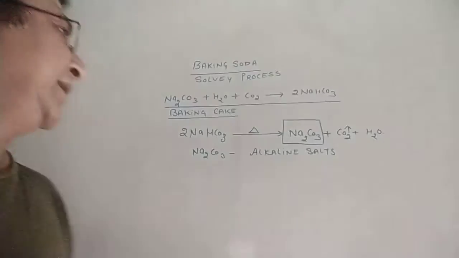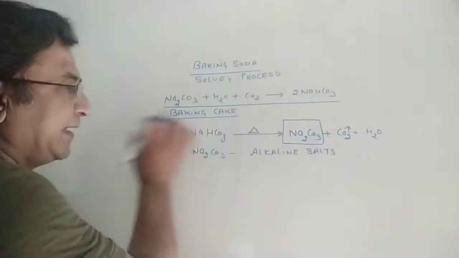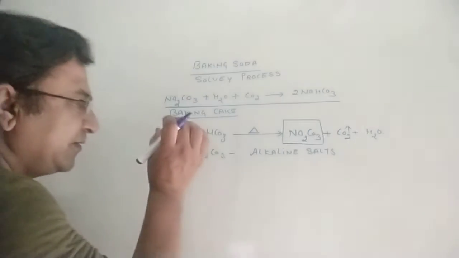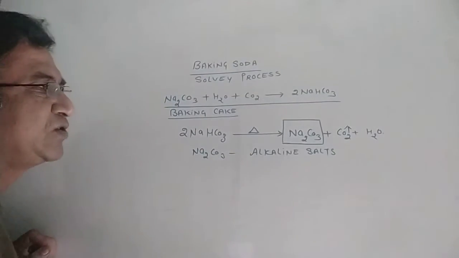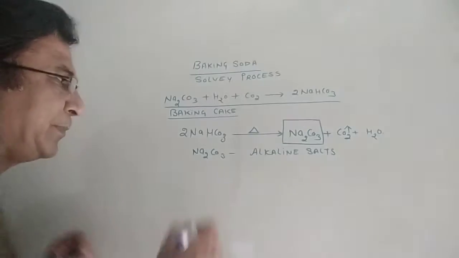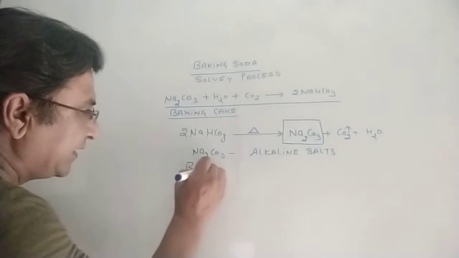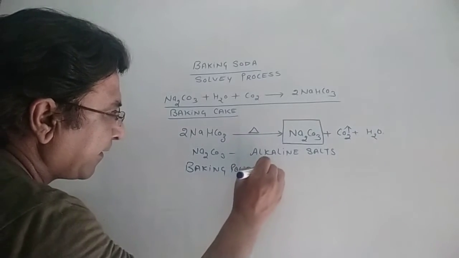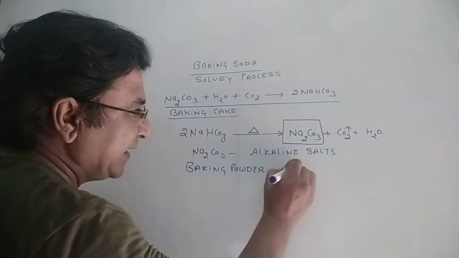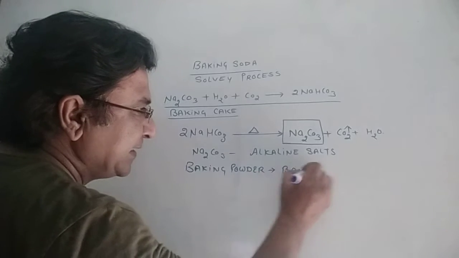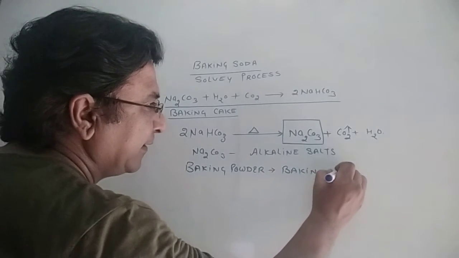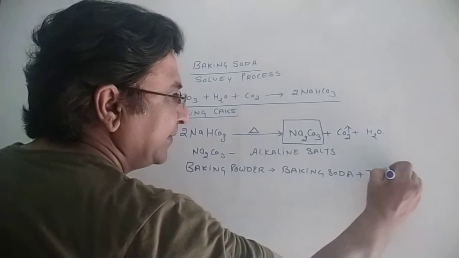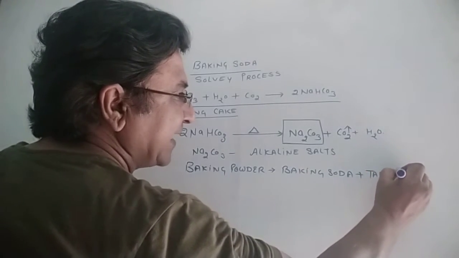What we do, during baking of cake, instead is provide baking powder. What is baking powder? Baking powder is basically baking soda plus tartaric acid.